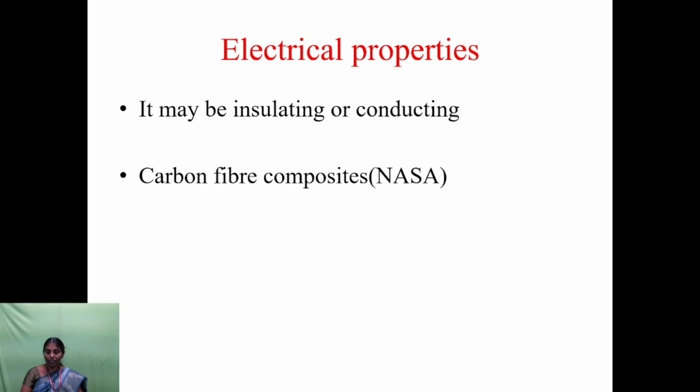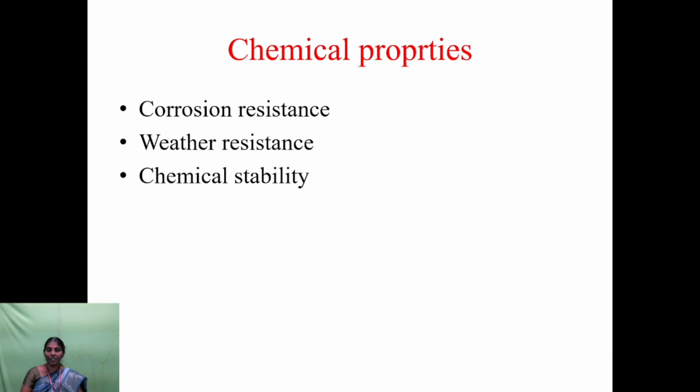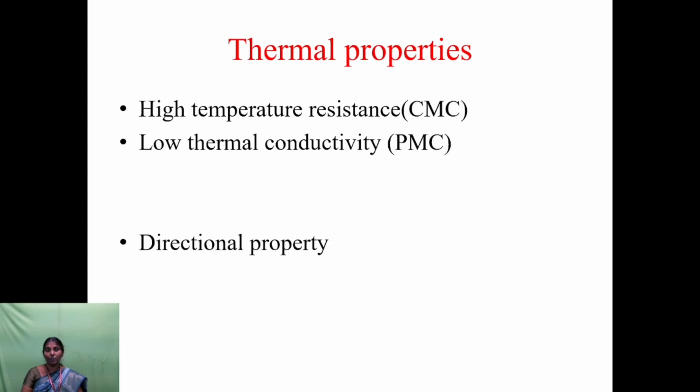Also corrosion resistance, weather resistance and chemical stability, so we can use composites under the sea, that is the marine department. Then high temperature resistance, low thermal conductivity and directional properties, so we can use composite material in engines and turbines.